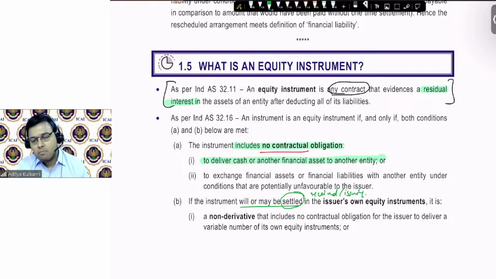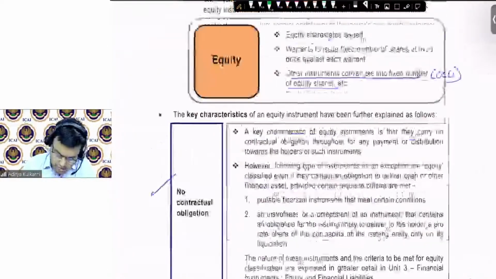But there could be contracts where I receive the settlement in my own shares, which means I am buying back my own shares from the market. So that is also covered. In no way have they said a contract for issuing equity instruments or receiving equity instruments. They are using the words settling in own equity instruments. Settling could mean both receipt as well as issue. Okay. So please go through this particular definition.